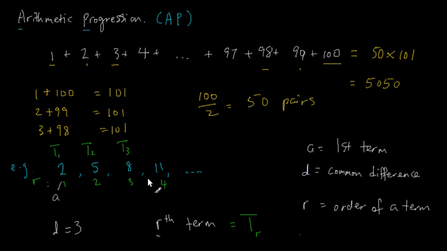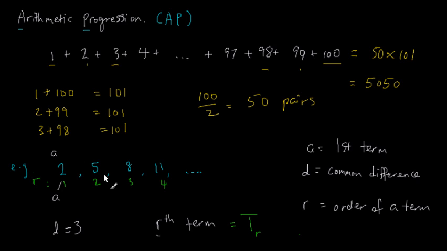Now to see what this formula might look like, let me write out each of these terms in terms of A and D and see if we can find some kind of a pattern. Okay, so 2 is A, right?